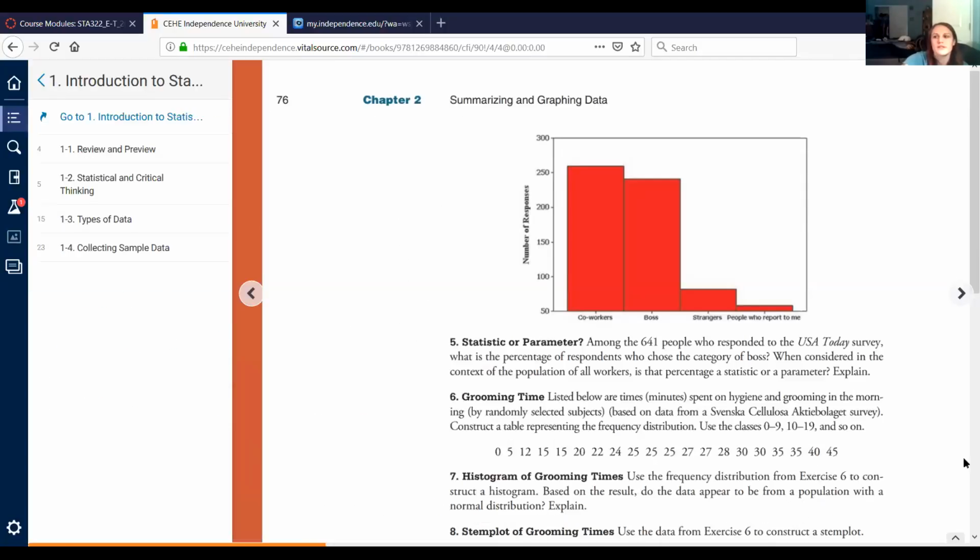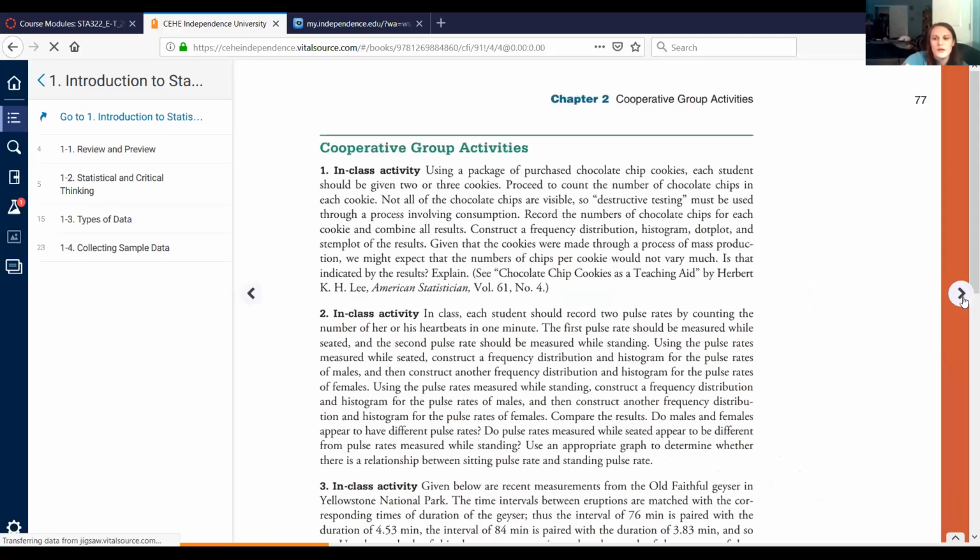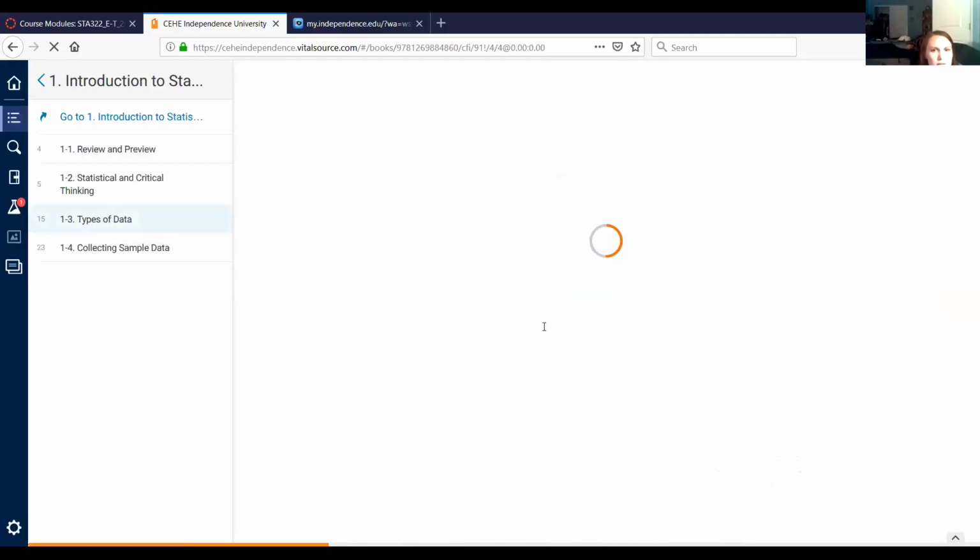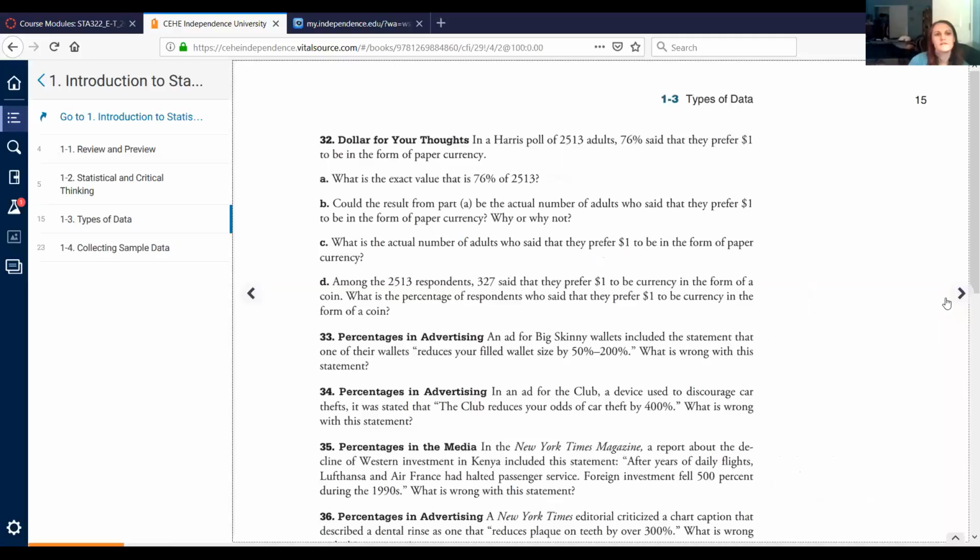What did he use? The second guy that started with the G, Gallup. How did he use his sampling method? How did he collect his sampling? Let me see if I can get back to it quickly here.